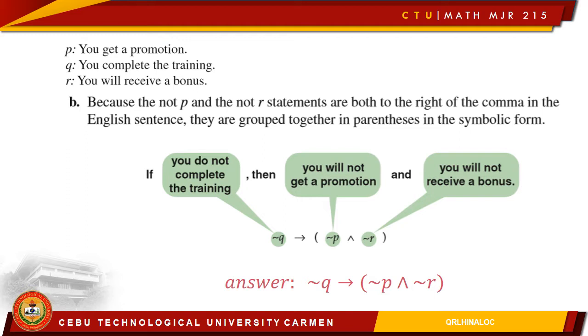If you do not complete the training, that is negate Q, then you will get a promotion, negate P, and you will not receive a bonus, negate R. Since the comma is after the phrase you do not complete the training, we put parentheses because they are grouped together. So now our answer is negate Q implies (negate P and negate R).